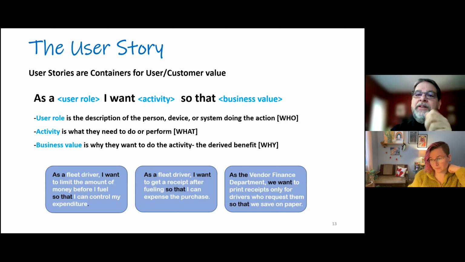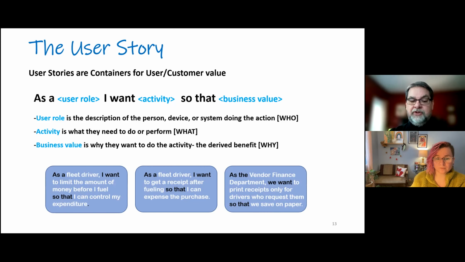We would have to go in and pay or fuel up, but there was no way of really limiting the amount of money in any automated way. So this is a new thing. There you have the fleet driver, the activity, and the value. They want to control their expenditure.